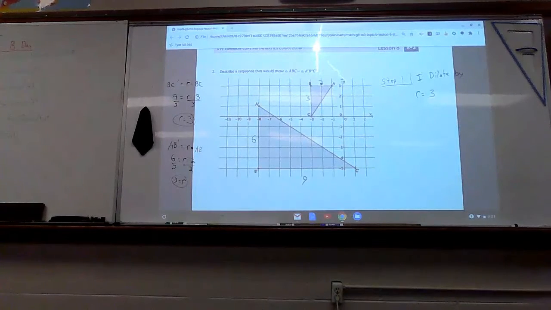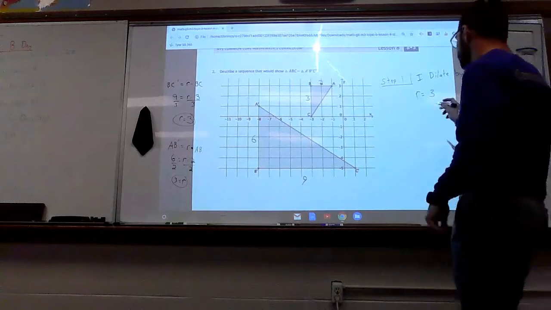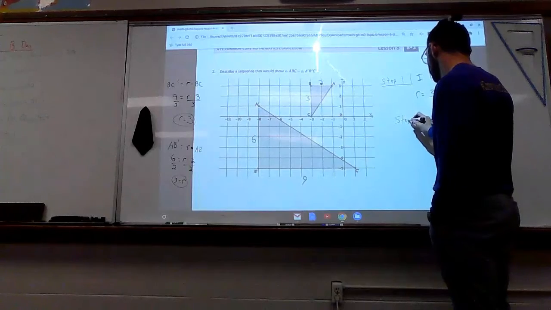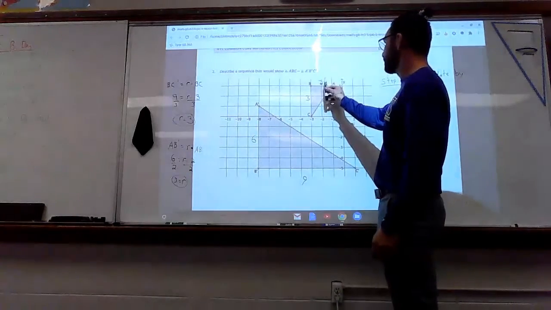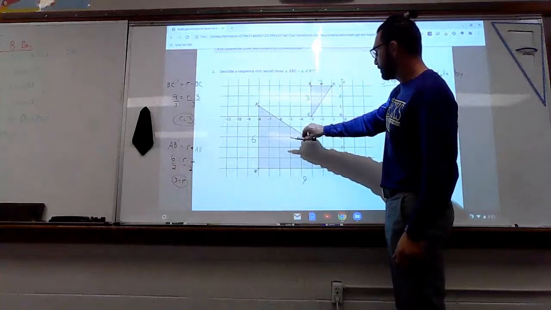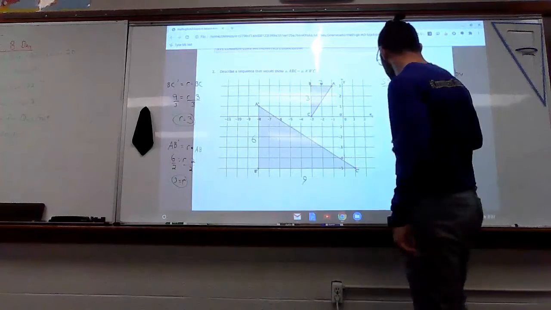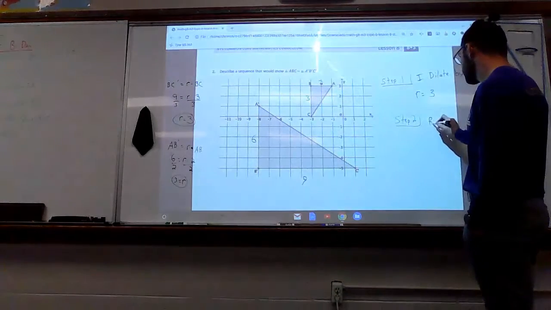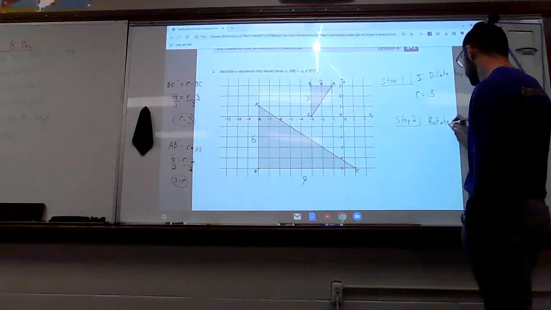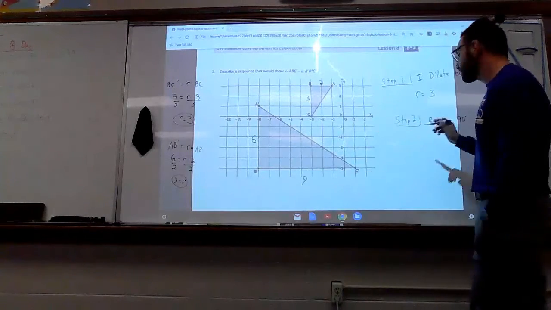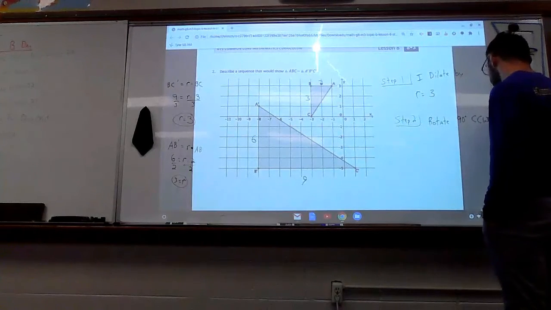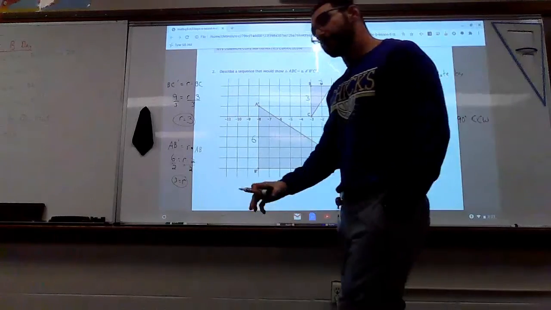So, step 2, though, is what? How did we get this figure where BA was pointed up to where BA was now turned to the left? So now it takes a little bit of remembering where we rotate 90 degrees, which direction? Oh, counterclockwise. So they're asking for a lot of stuff here.